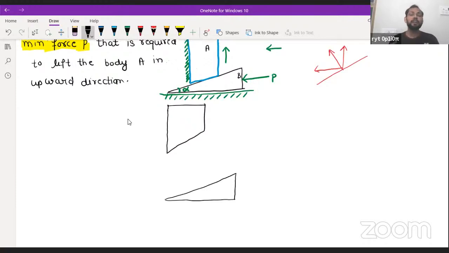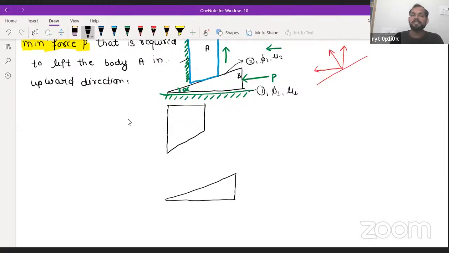That means it is very clear to us that there will be 3 normal reactions and 3 friction forces, because we are considering all the contact surfaces to be rough. So we are assuming this is contact surface 1 and the corresponding angle of friction is phi 1, or the coefficient of friction is mu1. This is contact surface 2, so the coefficient of friction is mu2 and the angle of friction is phi 2.